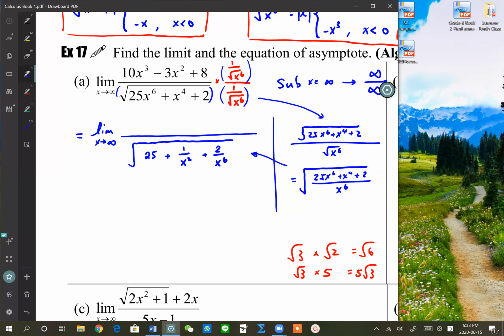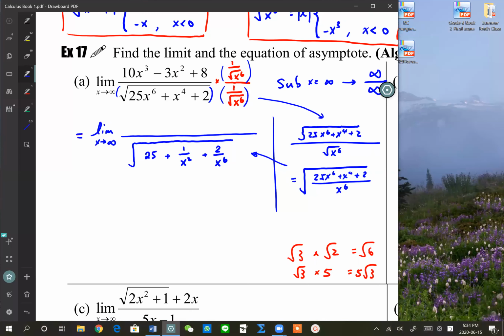You can simplify it to the absolute value of x to the 3, so 1 over the absolute value of x cubed. Agree? Jesse, this one on top, we need absolute value, right? So it doesn't just become x cubed.